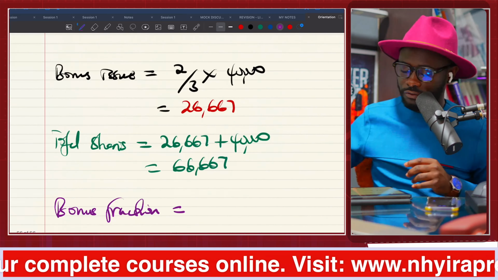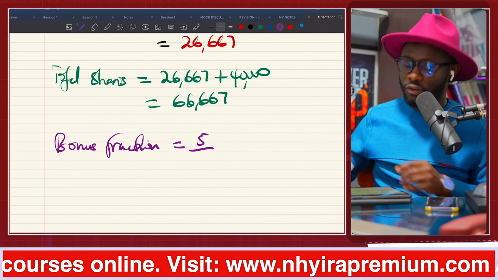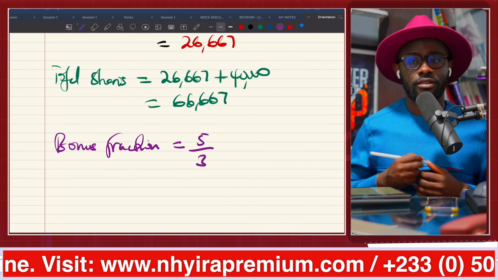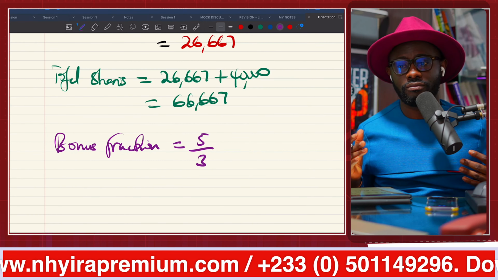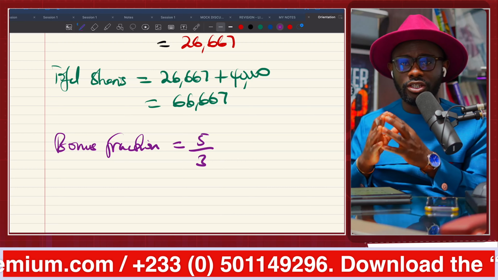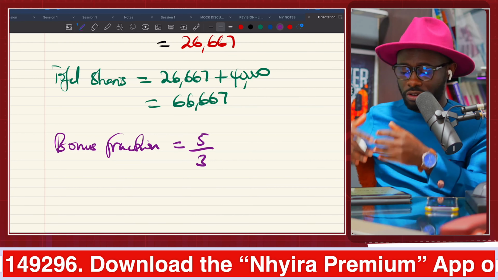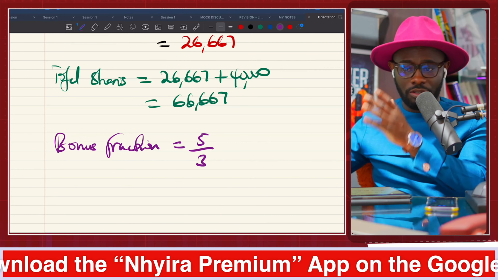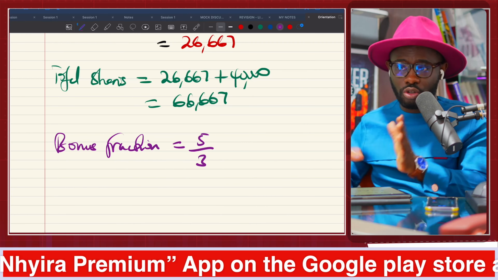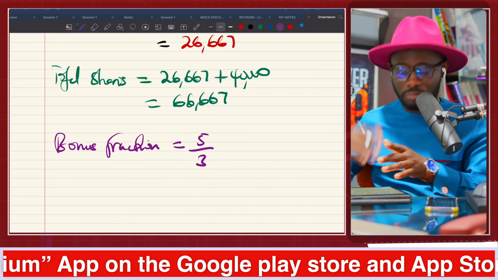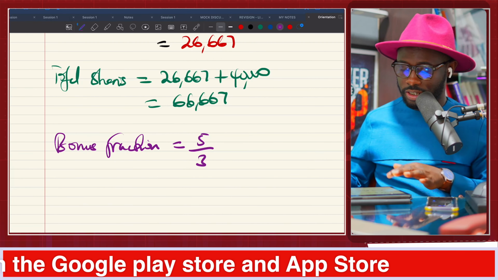So it's going to be 5 over the existing 3. That's our bonus fraction. And like I told you under right issue, we won't punch this out, because when you punch this out, you have to approximate it and you are going to be working in decimals. So you want to leave the answer like this, because we're going to work with it later on.